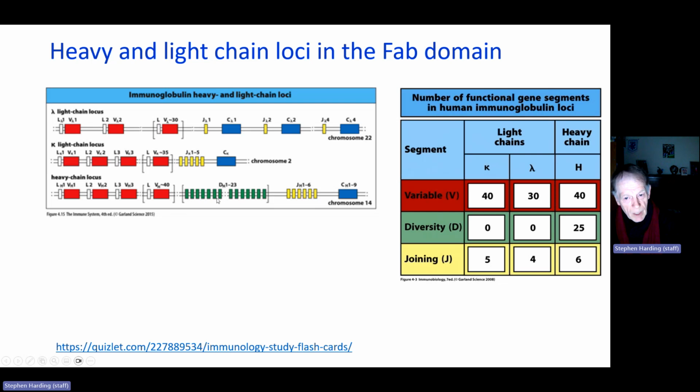has also, on the variable domain, these D segments, which corresponds to diversity segments. So there are 40 variable segments on the kappa light chain, 30 on the lambda light chain, and 40 on the heavy chain.